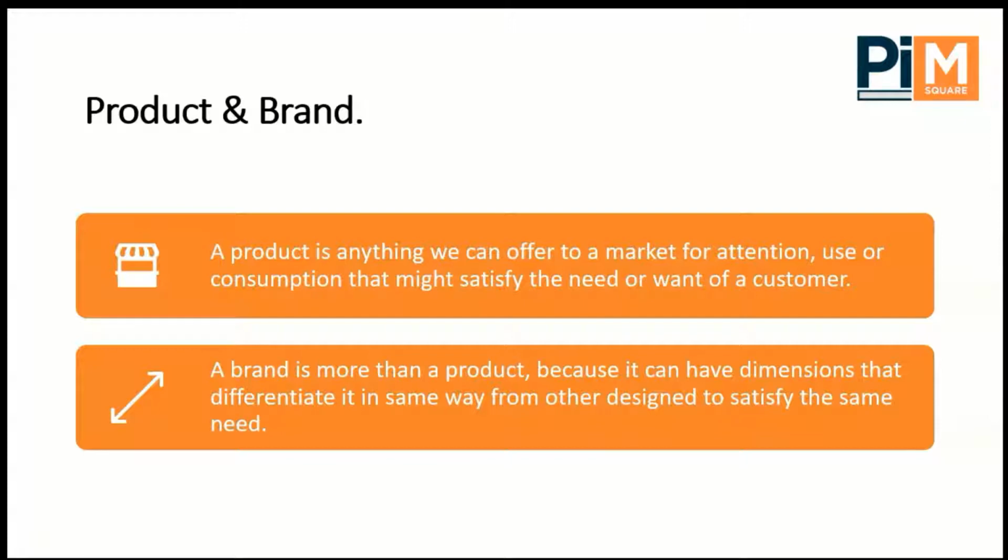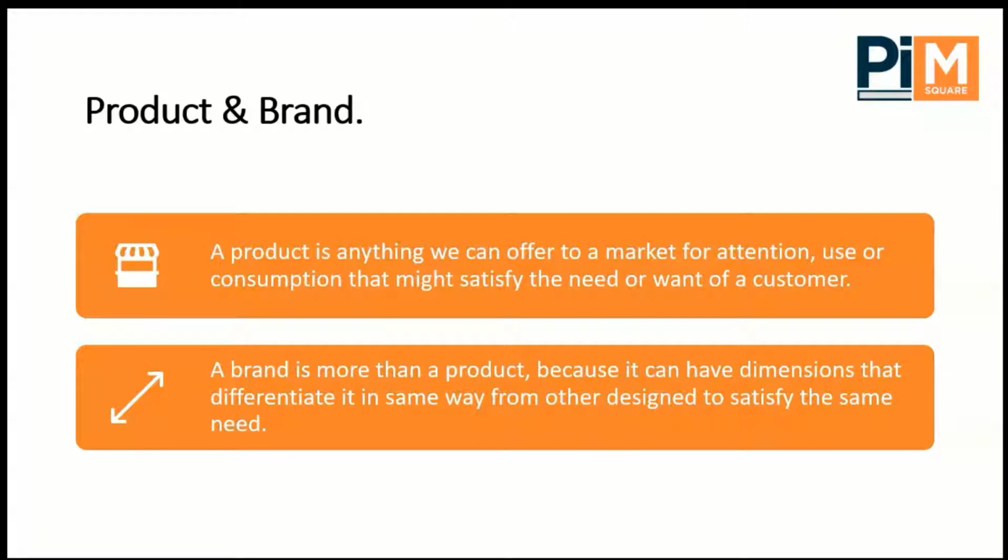So this is what I was talking about. There are a number of sports shoes available, but when we talk about dimensions such as quality, durability or comfort, all these things come into the picture when we talk about a brand. In sports shoes it may be Nike or Adidas or Asics.